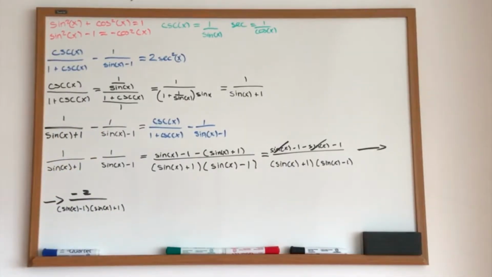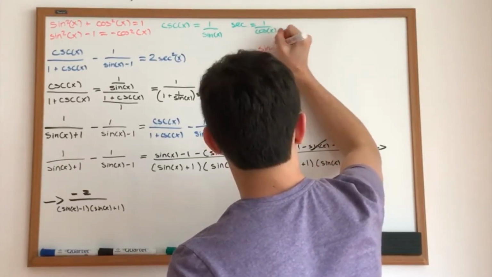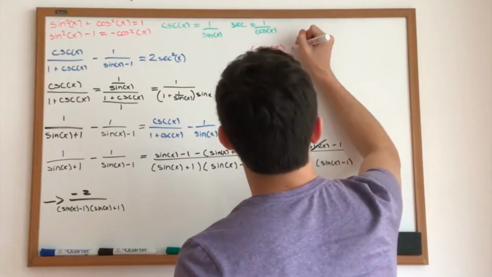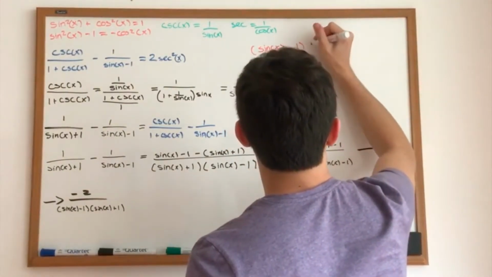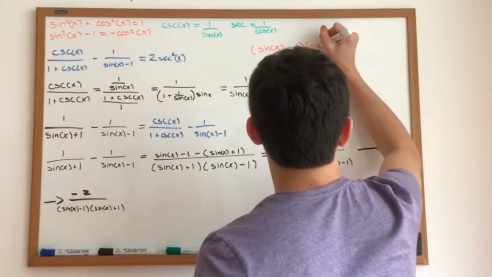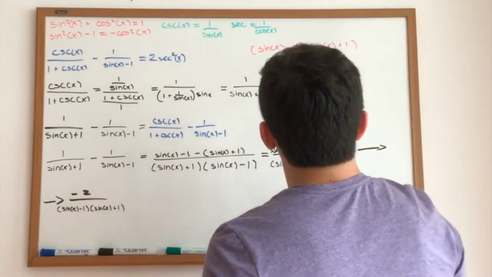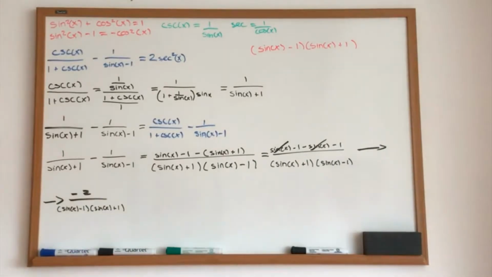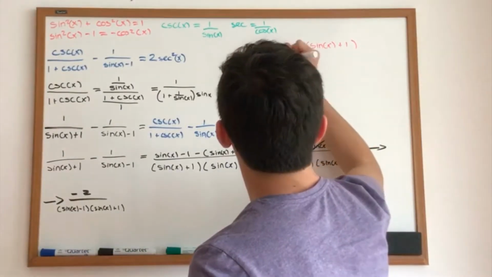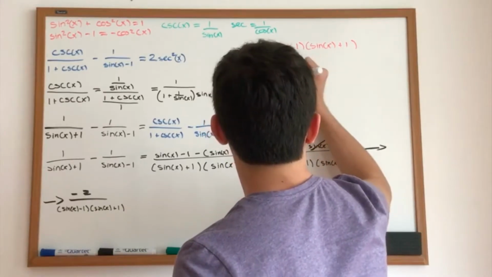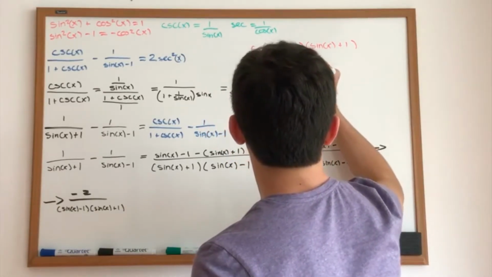This denominator can be further simplified. So if we multiply this, the result will be sine square of x minus sine of x plus sine of x minus 1.